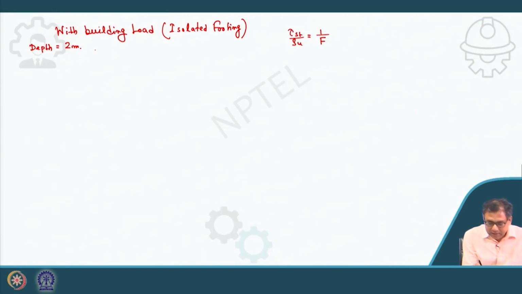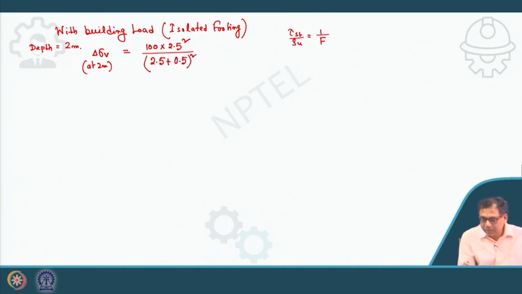So I can calculate del V at 2 meter, that will be equal to 100 at 1.5 meter. This is square footing, so this will be 2.5 plus 0.5, because 1.5 is the base of the footing, and it is another 0.5 meter.